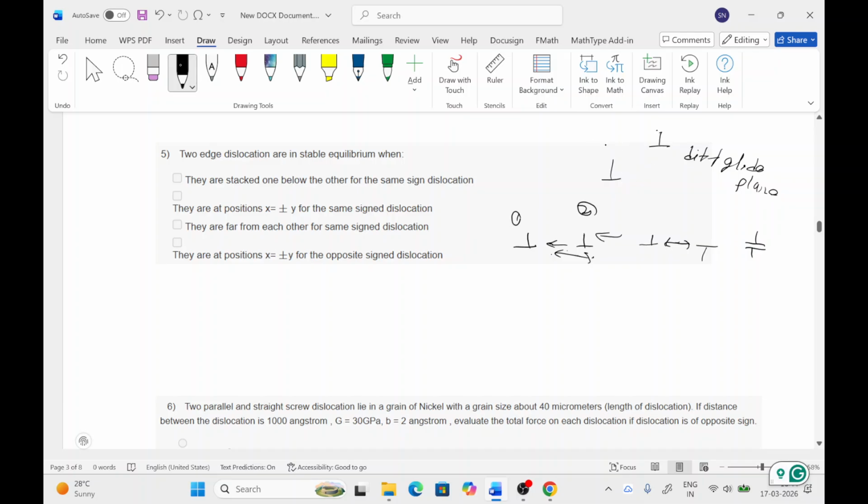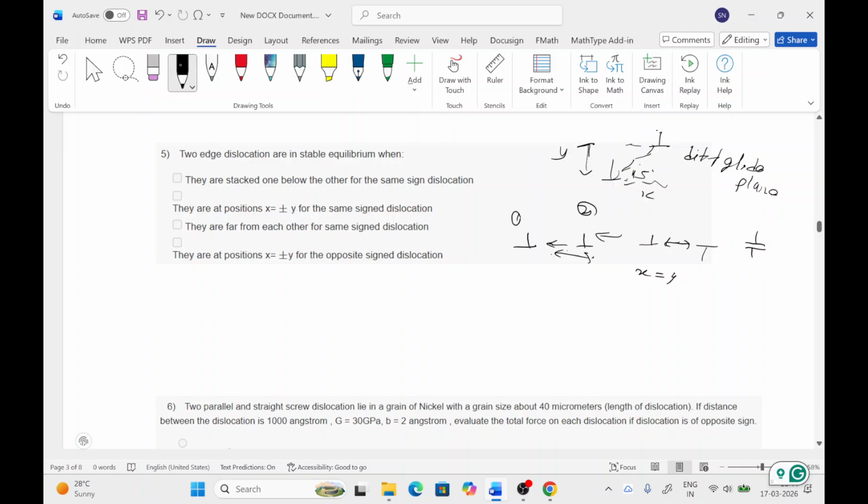We can say this is the x direction and this is the y direction. When x equals y, they have a 45-degree angle. In that condition the stress will be higher, meaning the second dislocation will feel the repulsive force from the first dislocation.